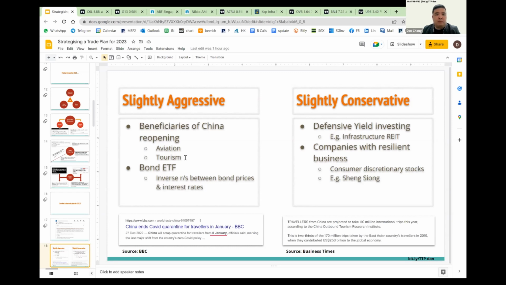So when we see a Chinese reopening, generally Genting Singapore should also benefit, because Chinese tourism comprises quite a big part of their revenue.